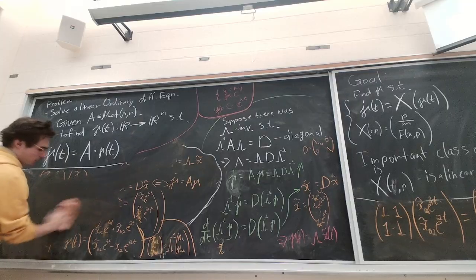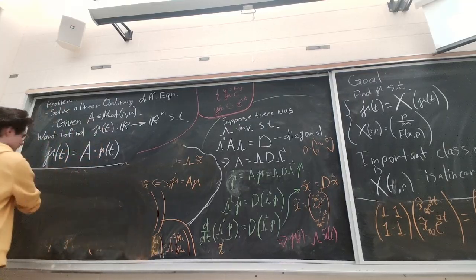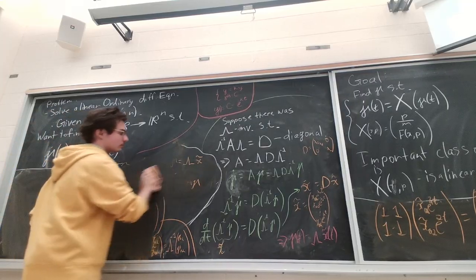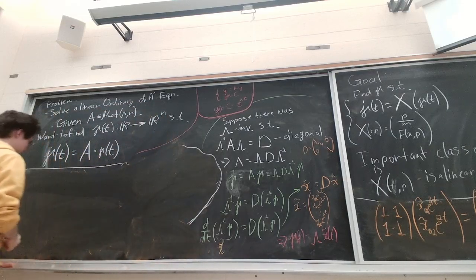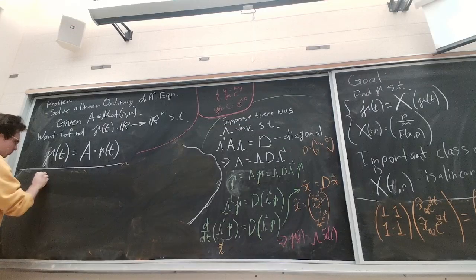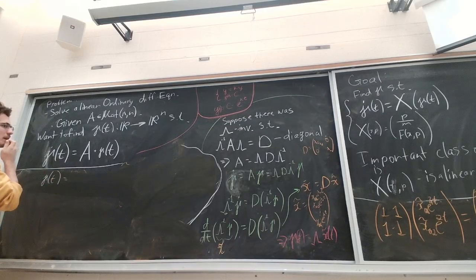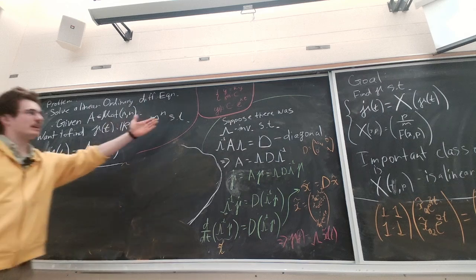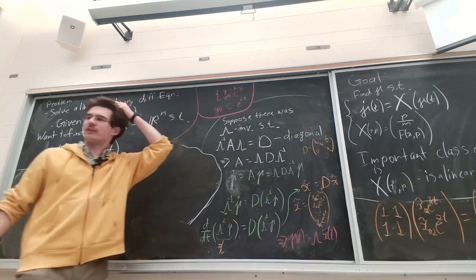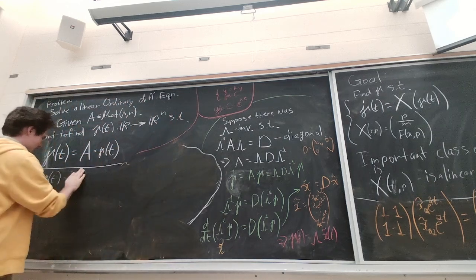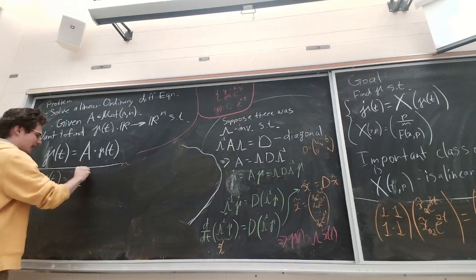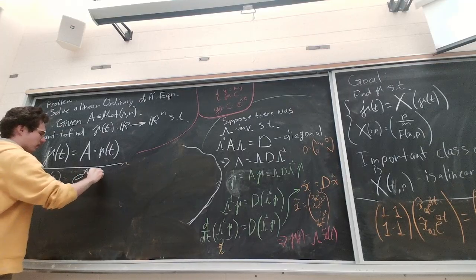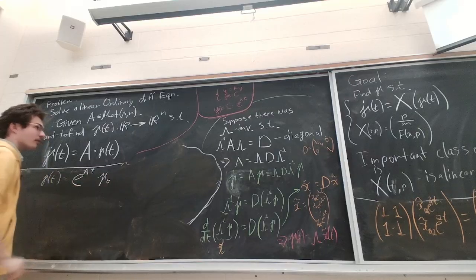Somehow what I want to do is write down something like this. I almost want to say that gamma of t should be e to the matrix A times t applied to my initial condition.